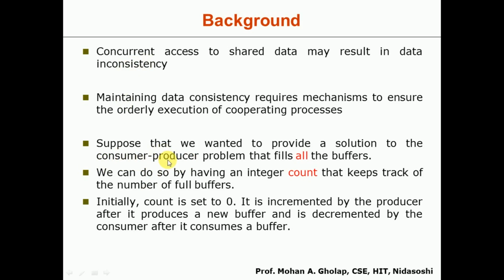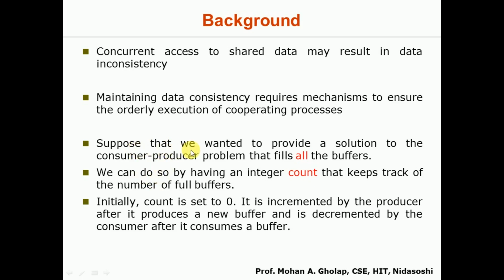To generate the data, the producer will have some buffers in which it places the data, and the consumer process, whenever it wants to consume data, will consume it from those buffers. It's a classic problem, and through this problem we'll try to understand the concept of synchronization and maintaining data consistency in this chapter.